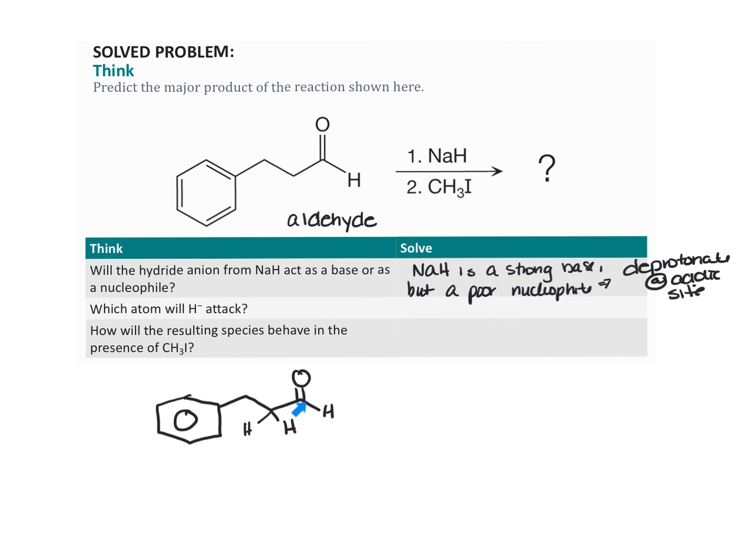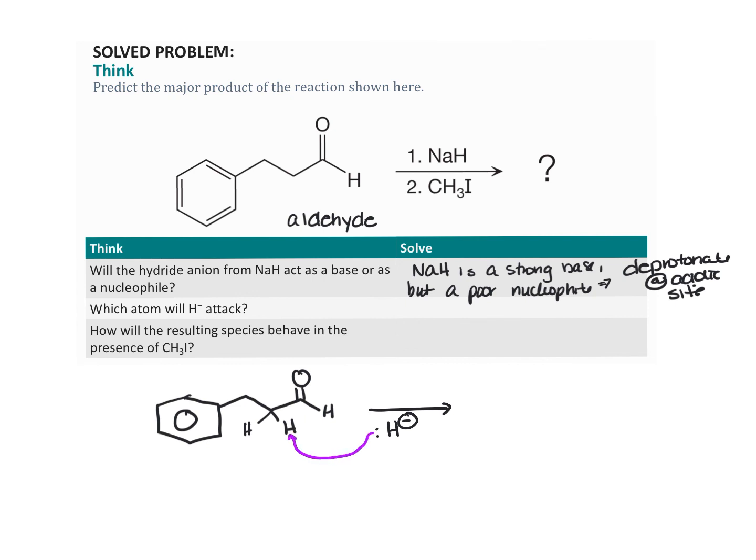When we look at this, and we have an aldehyde, I want to remind you, because this was way back in chapter 10, the aldehyde hydrogen here is not acidic at all, but the alpha carbon, which is one carbon away from the carbonyl site, is acidic, and so these two hydrogens are acidic. So when a hydride comes in and reacts, it reacts as a base, and we know acids and bases react together.